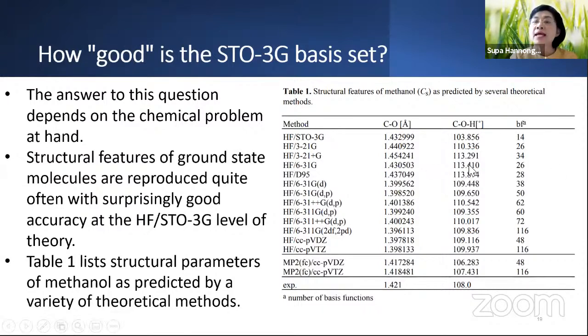And if you look at the angle between the atoms C-O-H over here, the experimental data is 108, this is the angle. And the prediction by STO-3G is 103, and the others are still plus or minus from 108.